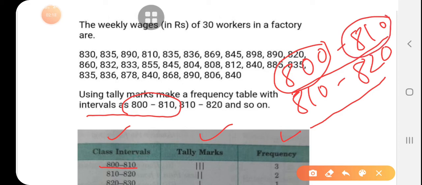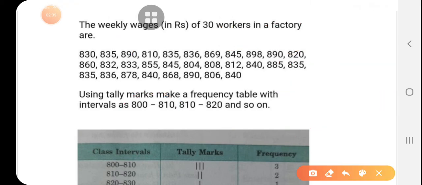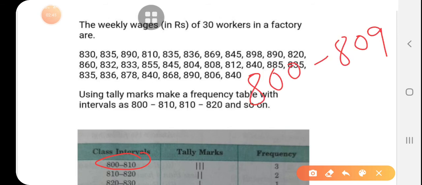We take the numbers starting from 800 to 809, not 810. Actually, in this rule you take up to 809.99 but not 810. So take the numbers starting from 800 to 809.